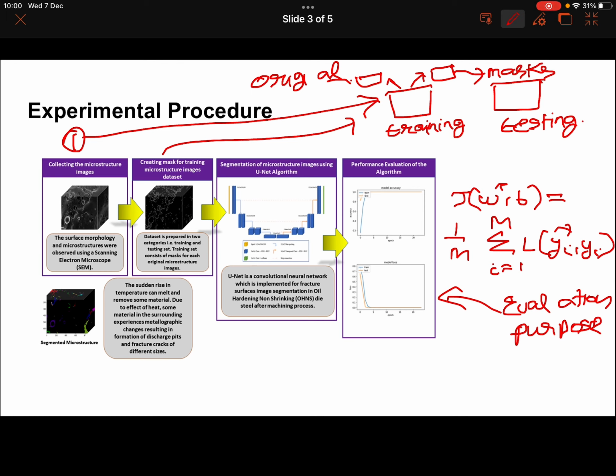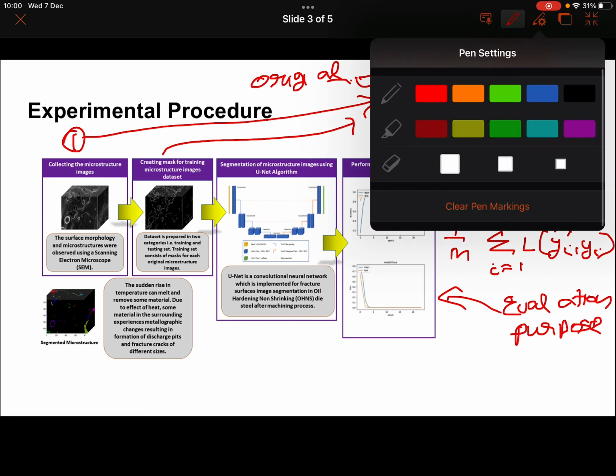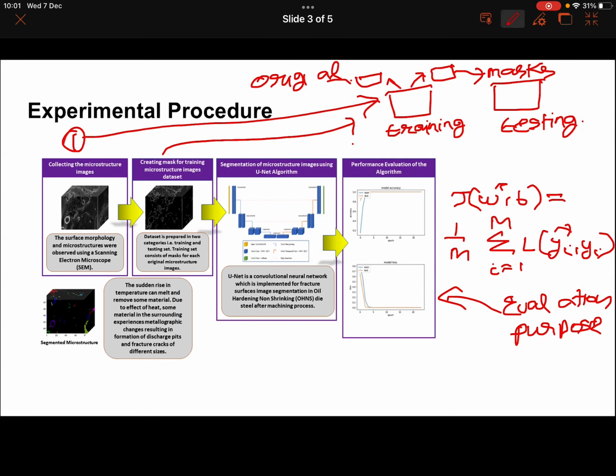Now, the loss function is calculated. This is the equation, but let me write it in a good format.